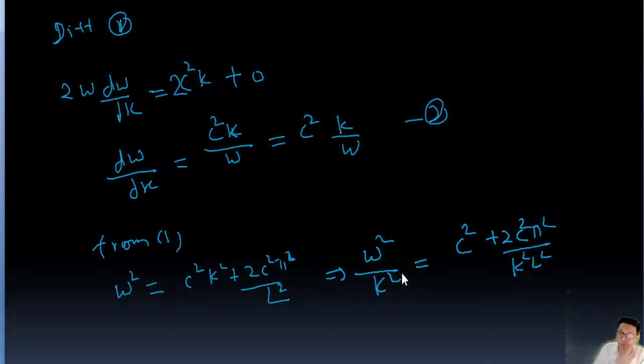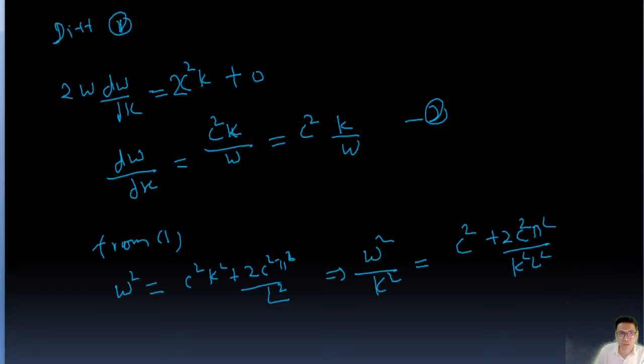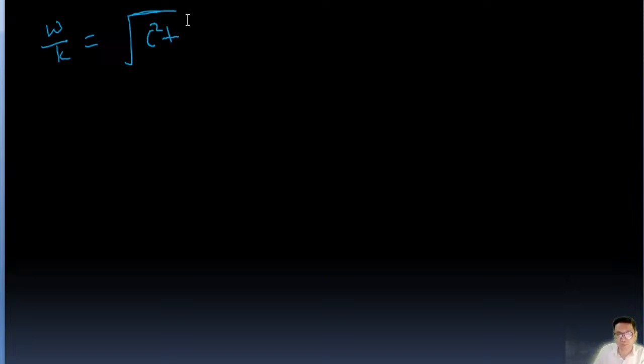So from here, omega upon k is going to be root of c square plus 2 c square pi square upon k square L square.